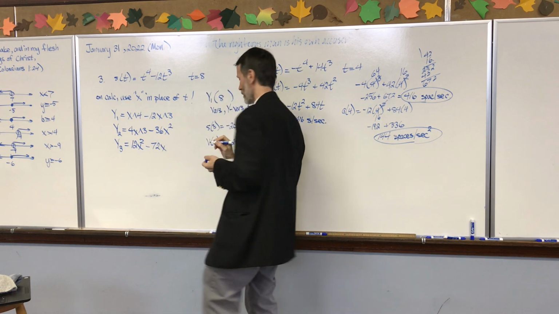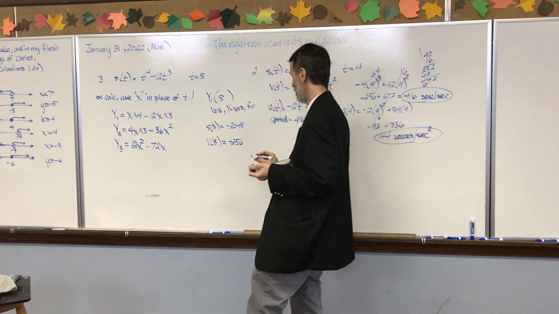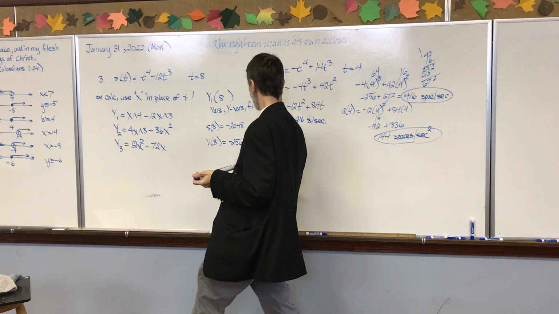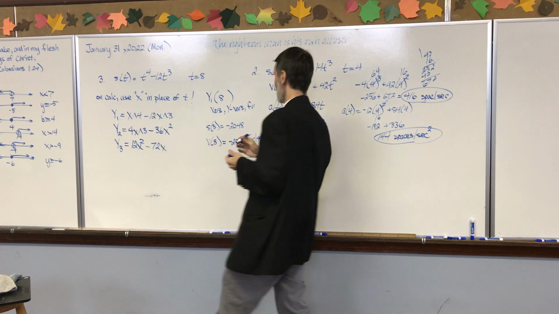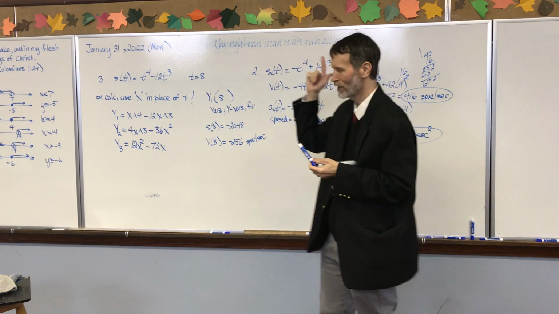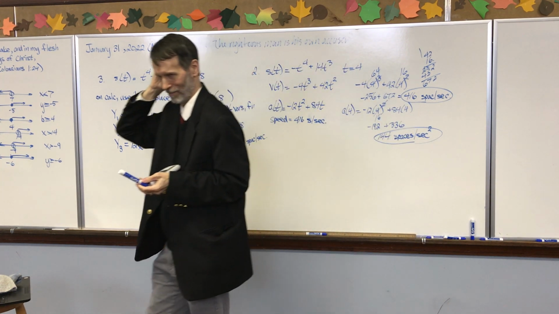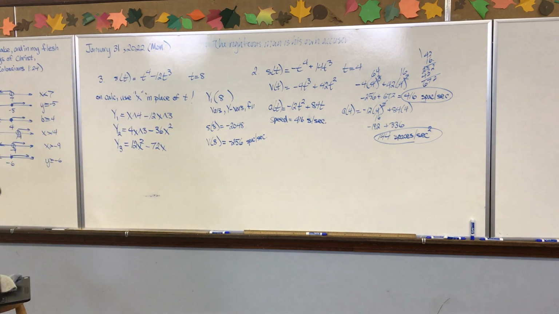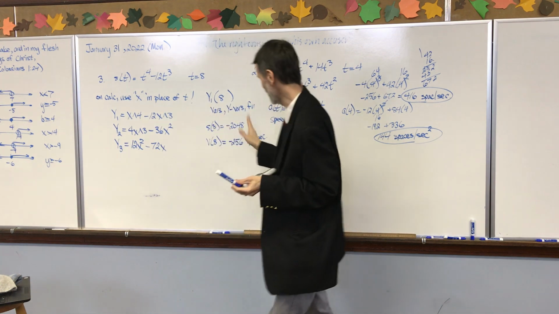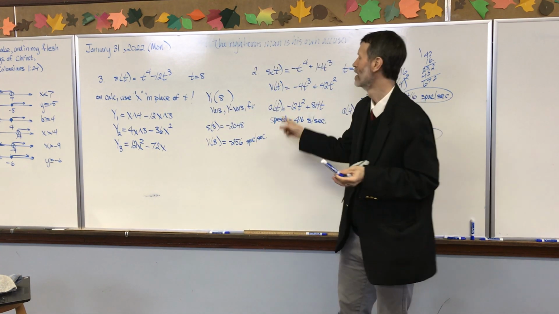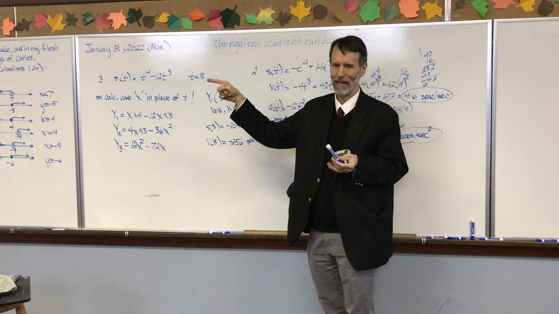What does that mean? Going to the left, 256 spaces per second. Correct. It's moving to the left at a speed of 256 spaces per second. So it's pretty fast. It's not necessarily going to stay at that speed. But at t equals 8, at 8 seconds, it's going pretty fast to the left.